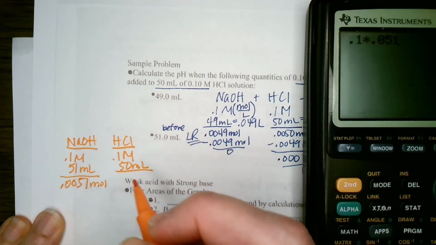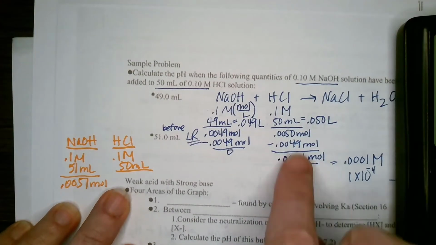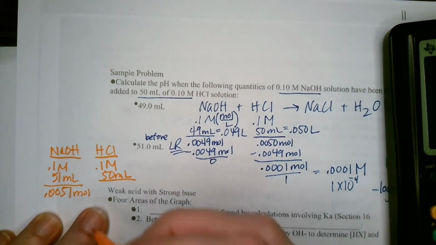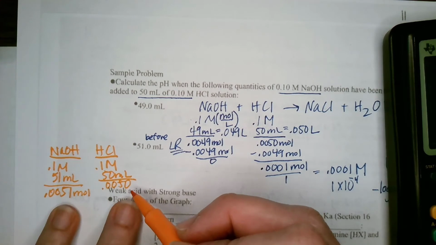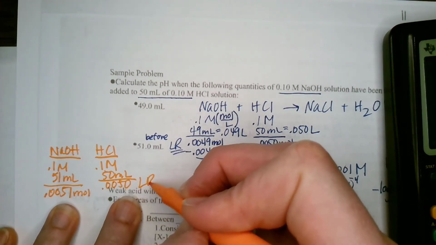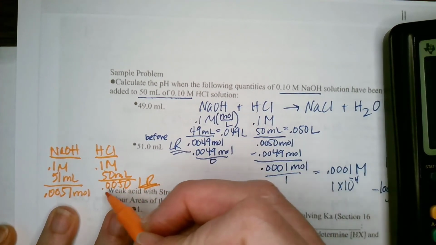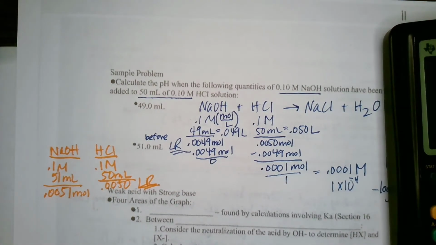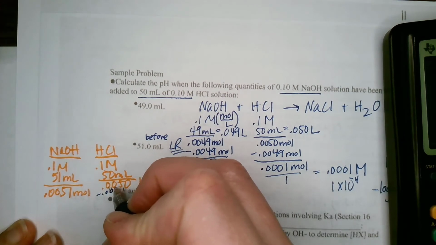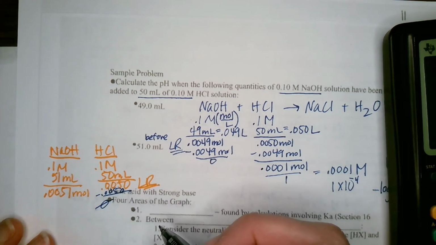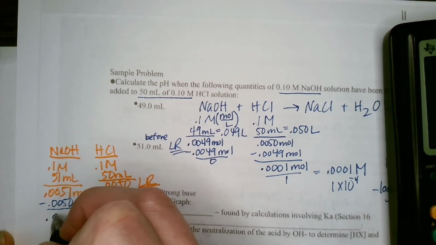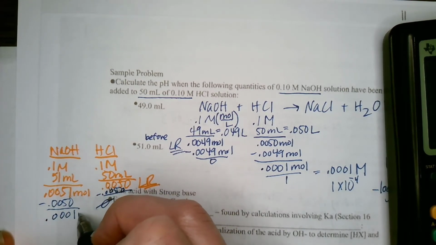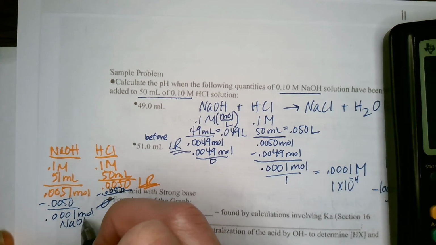moles. And here I'm going to do the same thing. Actually, I'm going to get the same answer as I did for my HCl, 0.0050. So obviously I can see here that my HCl is my limiting reactant because I'm going to completely use up 0.0050. So when I subtract 0.0050, I'm left with no HCl. I'm left with 0.0001 moles of NaOH.